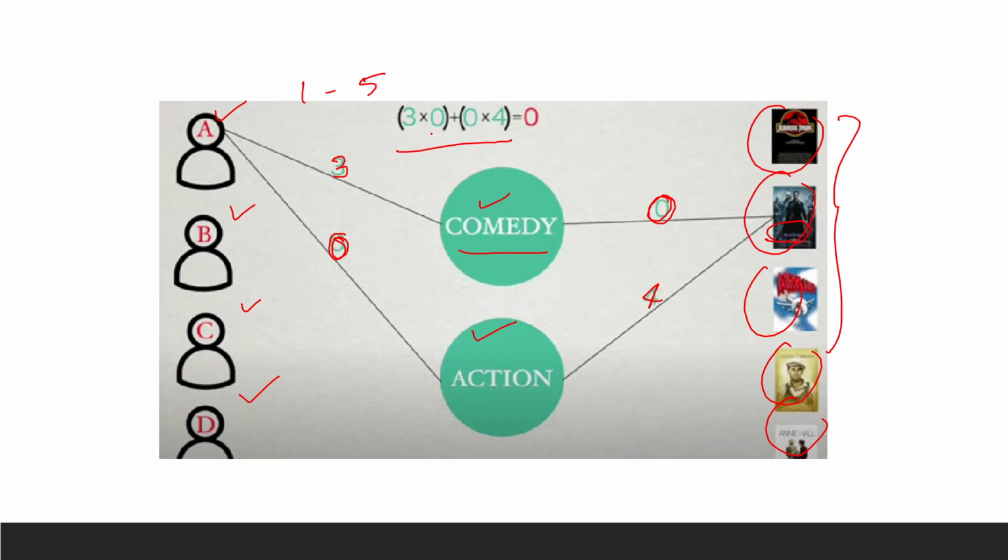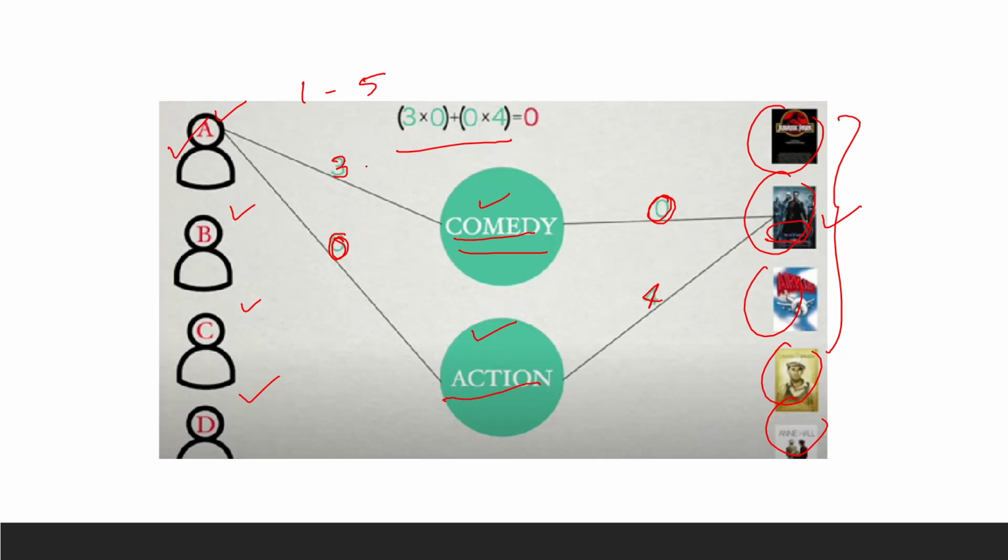So this is 3 into 0 plus 0 into 4, which is equal to 0. I'll explain what that is. Basically, we're trying to find out how similar this movie, The Matrix, is to the user's likings. We have established that the user likes comedy to an extent of 3 out of 5 and action to an extent of 0 out of 5.